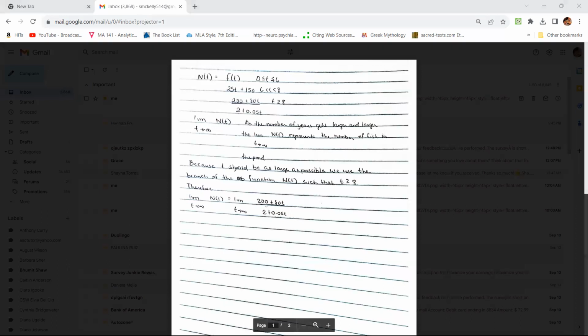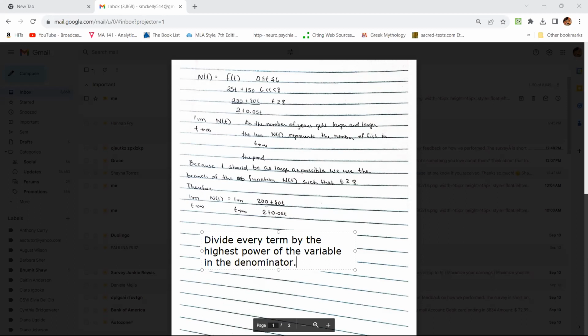The other way to do a limit like this at infinity, and this may be going beyond your knowledge at this point, but it's certainly not beyond the knowledge of the course, is that when you do limits at infinity, you divide every term by the highest power of the variable in the denominator.